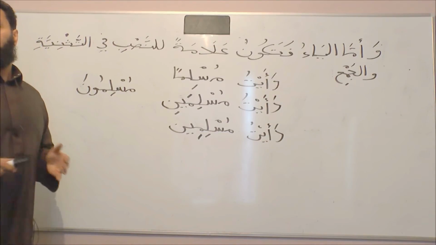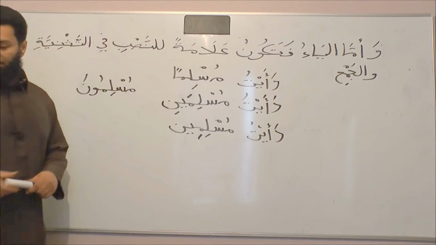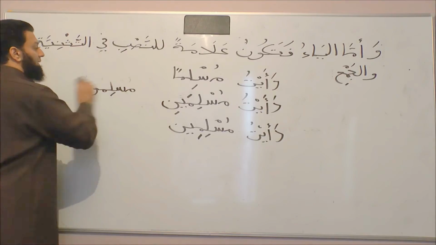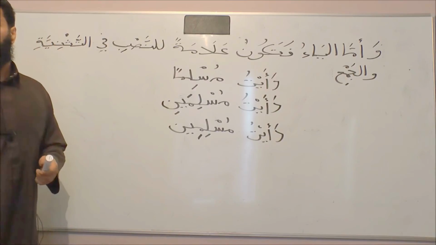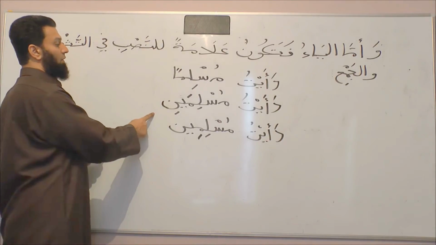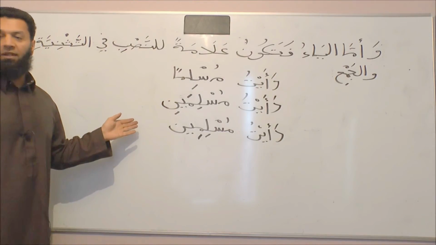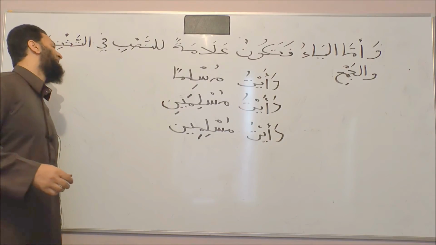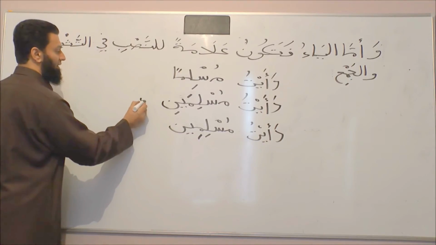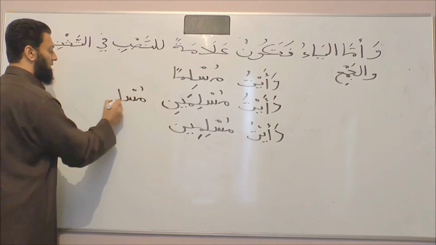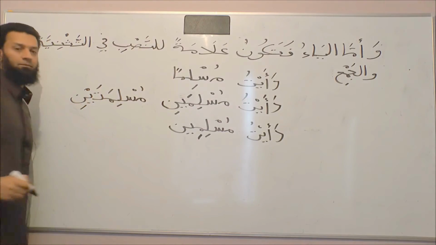Right? How would it look if it was two female Muslims or plural female Muslims? Would there just be a ta after the meem? Basically talking about females, so then it would be ra'aytu muslimatin. That one would be, sorry, dual. Yeah, dual. Muslimataini.